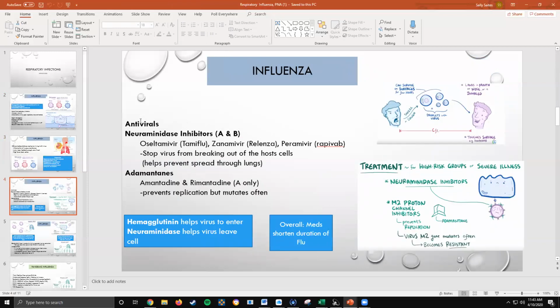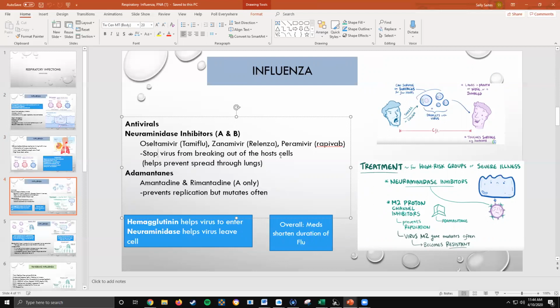So we also have some antivirals. Remember the N on the virus itself, the neuraminidase. We have those as inhibitors. So you know some of these. The oseltamivir, so Tamiflu, is given at the very beginning of your onset of signs and symptoms of the flu.